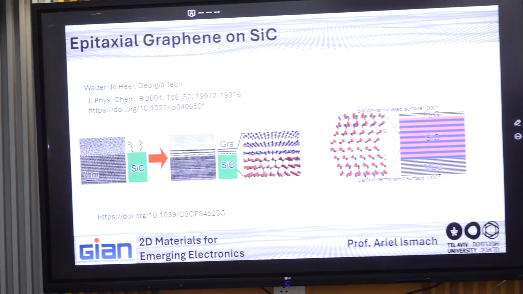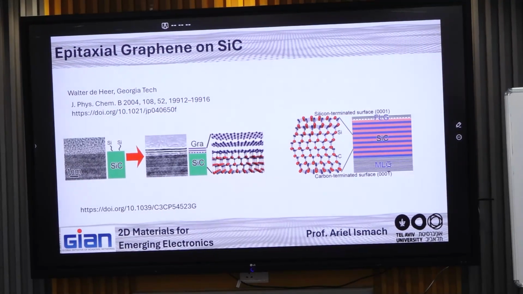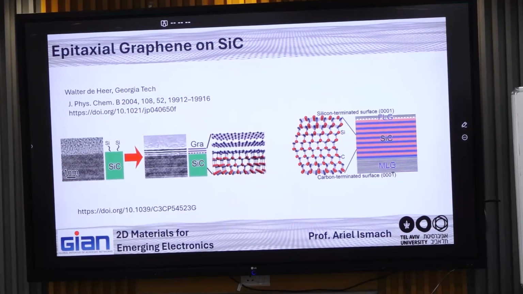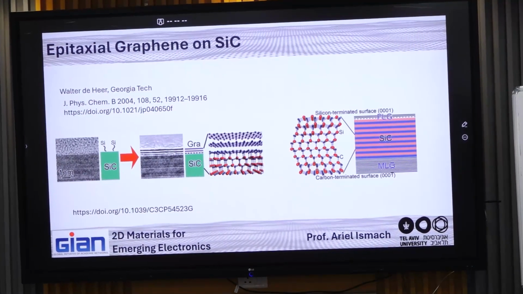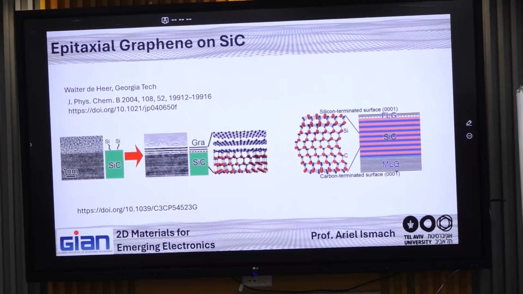Both papers, actually, there was another paper also from Georgia Tech in New York. Three papers basically reporting the electrical properties of graphene.